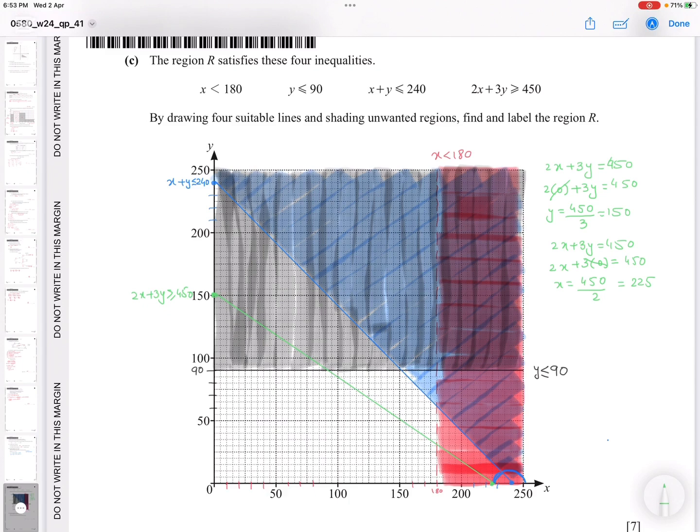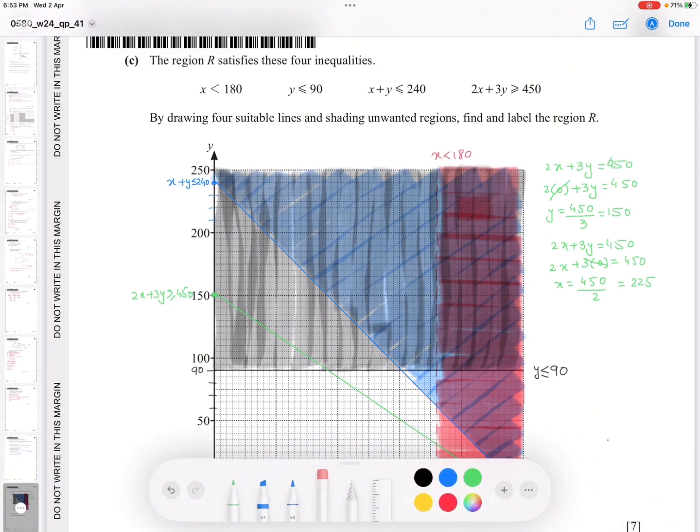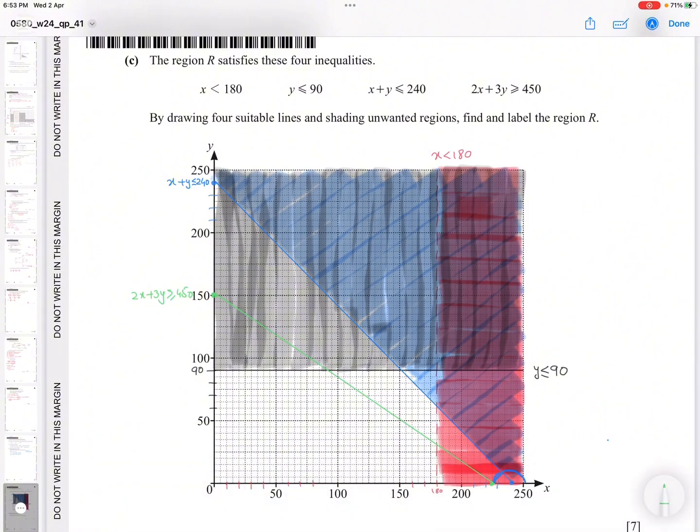So first let's see where the greater sign comes. See the green line, and on the x-axis we have 2 angles. One is this small angle and the other is this big angle. On the small angle side our area is smaller, and the inequality of the line says 2x plus 3y is greater than or equal to 450.